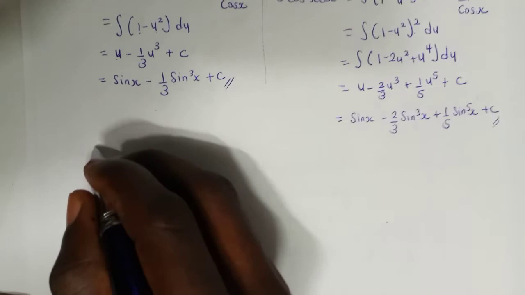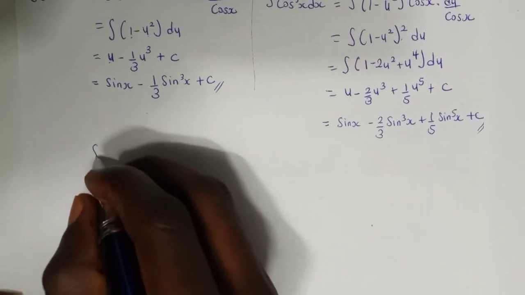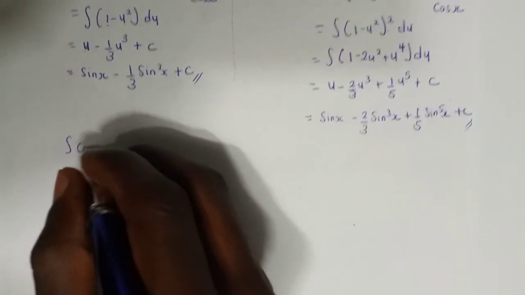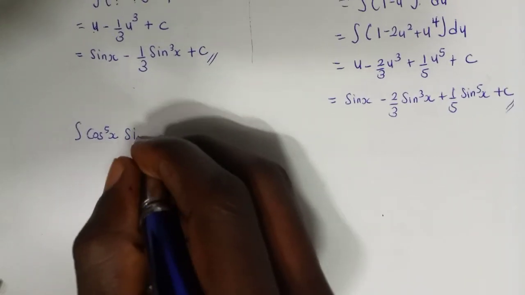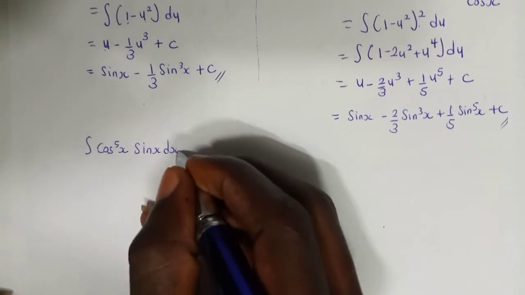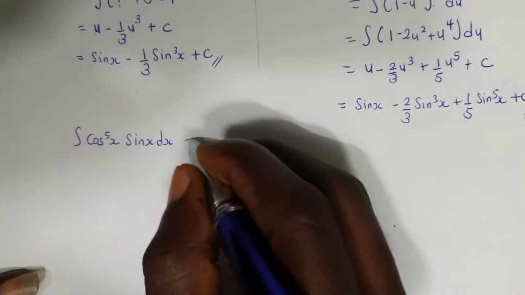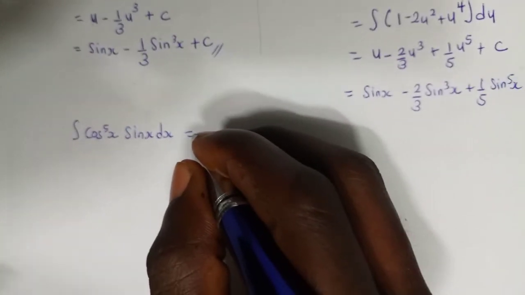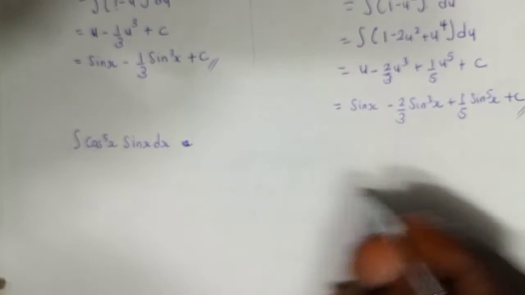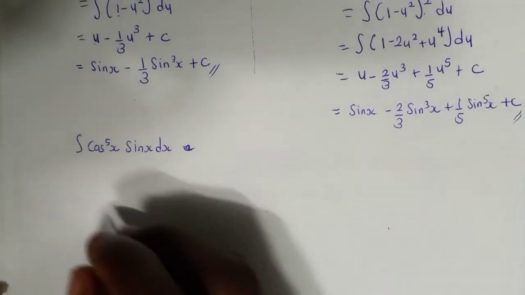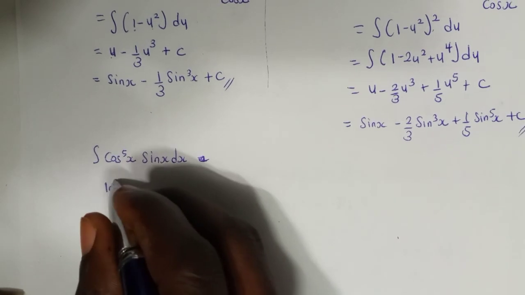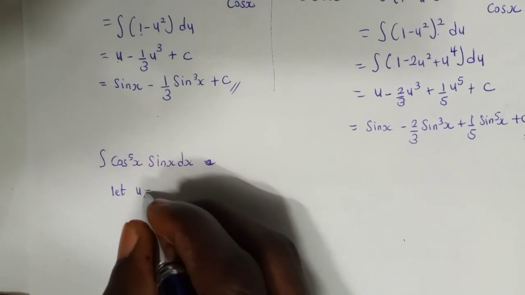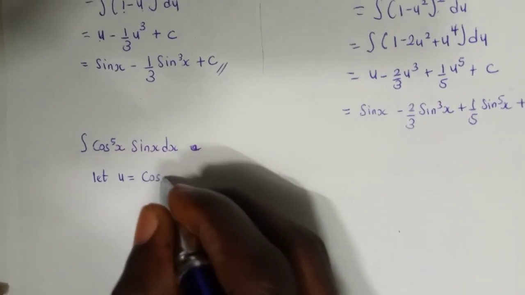Let's try this question too. The integral of cos 5 x sine x dx. This is very easy. What you have to do is you let u equal cos x.